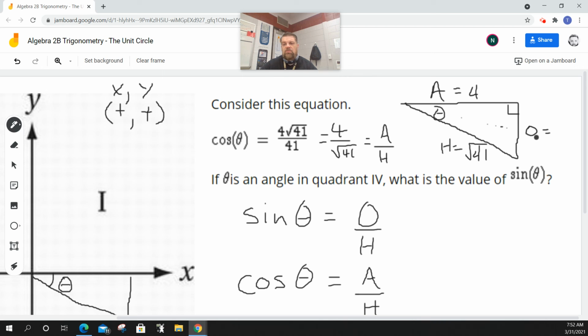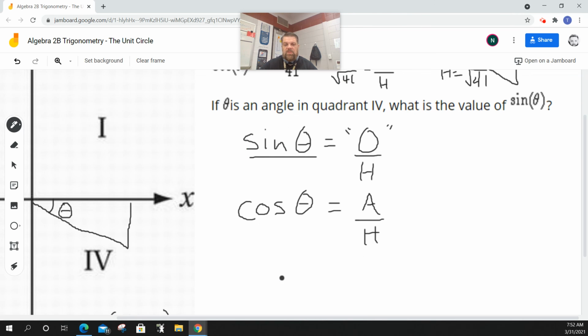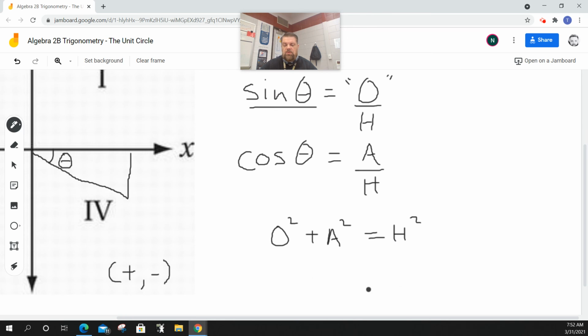Now that's important because in order for us to find the opposite side, which is what we're going to need for sine of theta, we're going to use the Pythagorean theorem. So remember, the Pythagorean theorem, when we use it in trig, is going to be the opposite squared plus the adjacent squared is equal to the hypotenuse squared. So we're solving for the opposite.